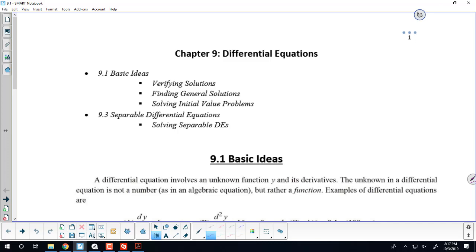In general, if I don't know an original quantity, like some function that describes population growth, but what I've measured is how the population changes, then in some instances it's easier to describe how something changes versus what that thing actually is. And if you can describe how it changes, then you can get back to what it is.